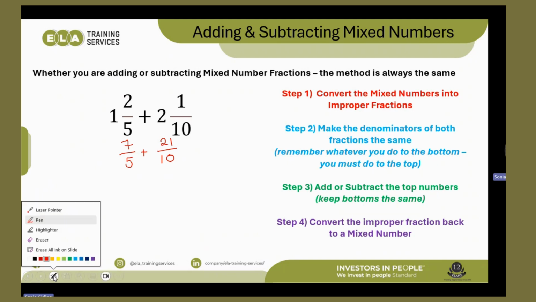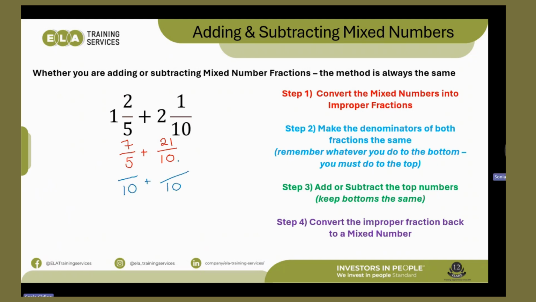The most important part to remember whenever you are adding or subtracting fractions is that it's all about the bottom number. You cannot add or subtract a fraction without making those bottom numbers the same. As we can see, we can turn 5 into tenths because all we do is multiply the bottom by 2 to get 10. So we're going to make both our bottom numbers out of 10.